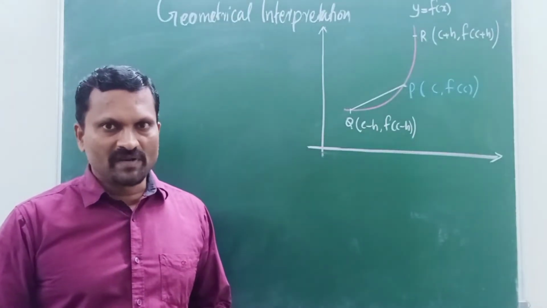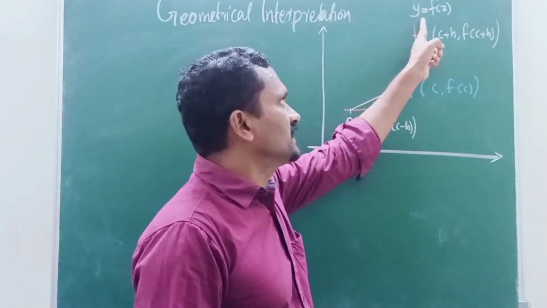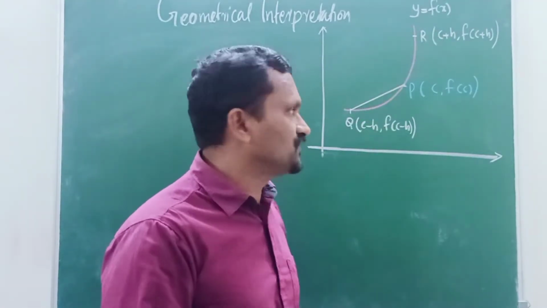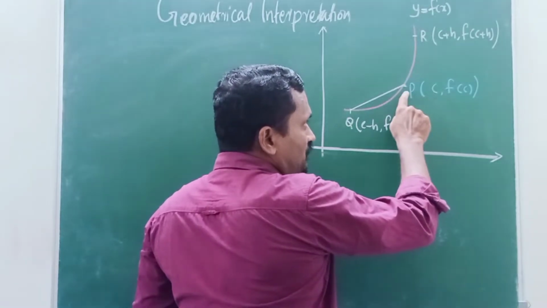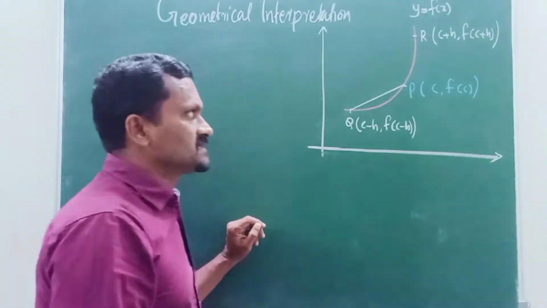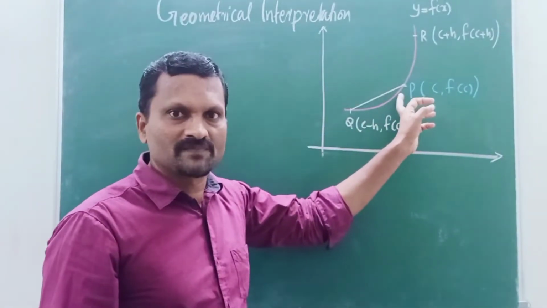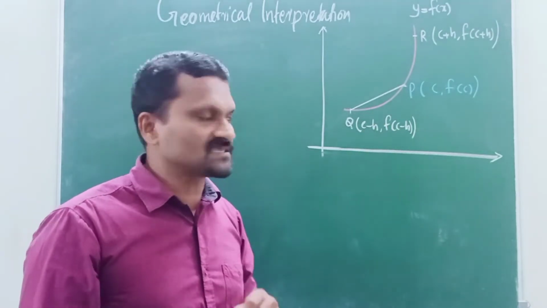Geometrical interpretation of differentiability. For this, we consider a function y = f(x). Let P be a point on the curve where (c, f(c)) are the coordinates of P. Let h be a small increment on c or x.